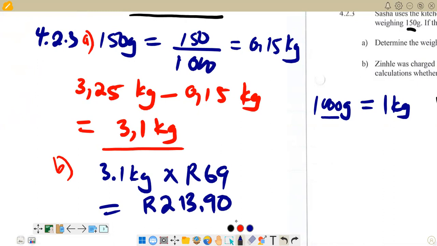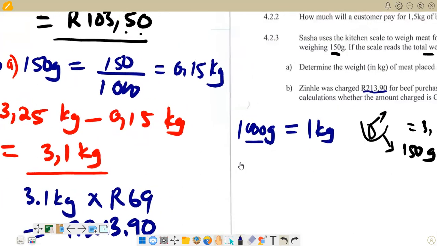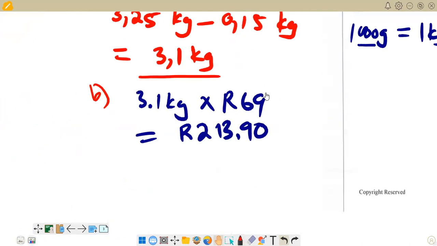So we check again the figure that we need to compare with that we're given in the question. We are seeing that it is the same figure here, which is 213.90. So it means it's correct. It means we have got the correct amount being charged there. So basically, you can just give a summary beneath that, to verify that this is correct.